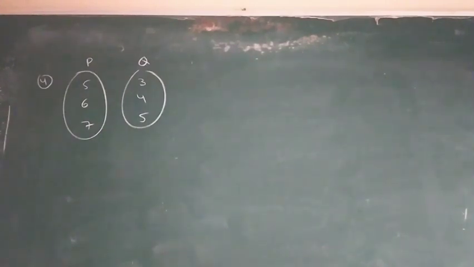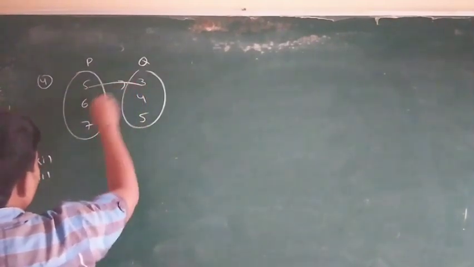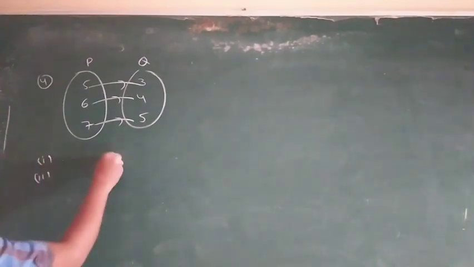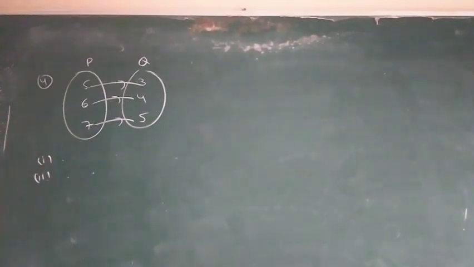First, set builder form. Second one, roster form. What is the relation? 5, 3, 6, 4, 7, 5. From this relation, we have to write set builder form and roster form.